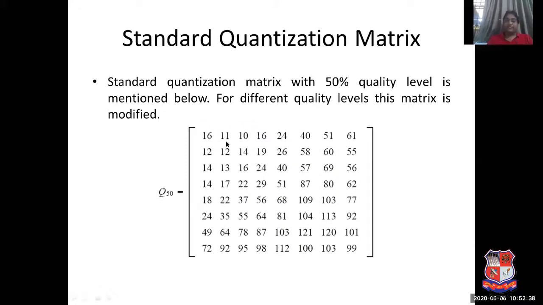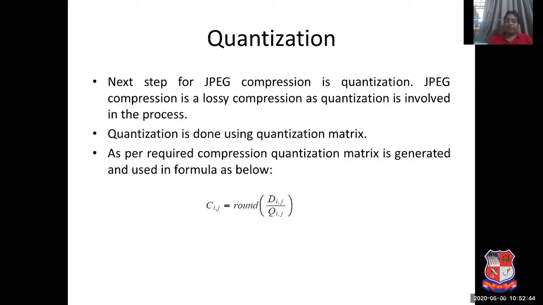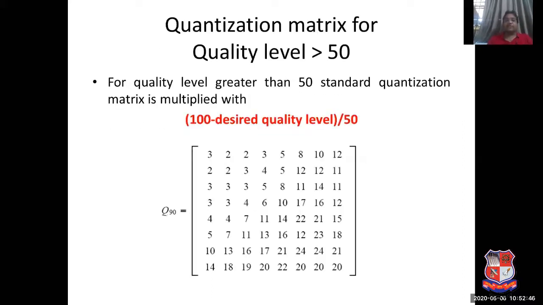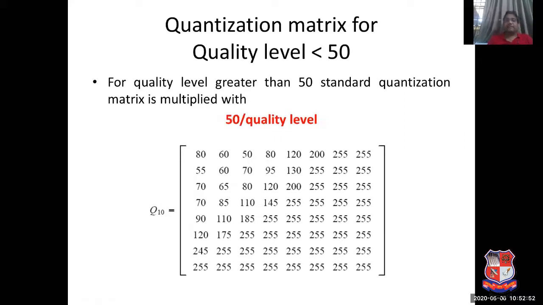So if you need more than 50% quality, simply modify this standard matrix using the formula 100 minus desired quality level by 50. Similarly, if you want a quality level less than 50, then use the formula 50 divided by the desired quality level. So as per your requirement, you can fine tune the quantization matrix.